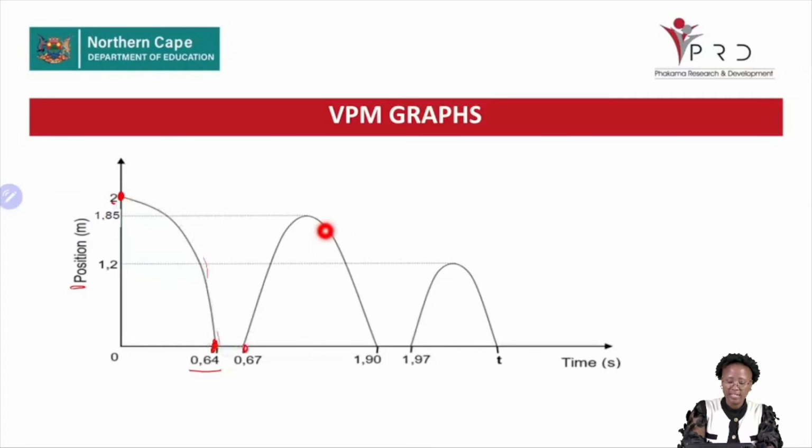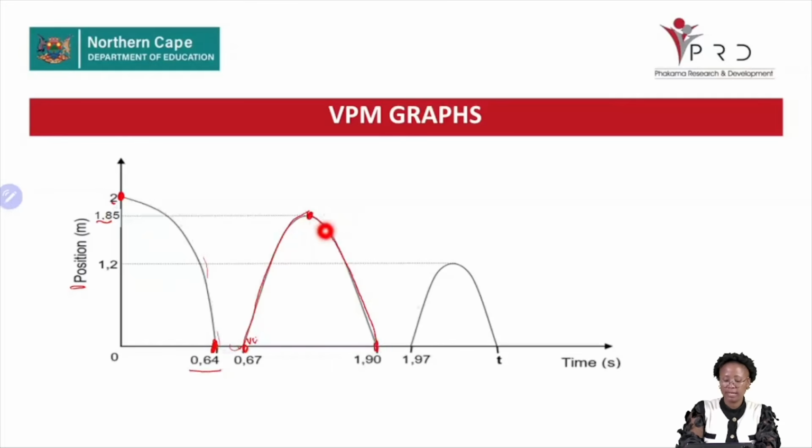Then after that, the final velocity here, after the bounce, we have the initial velocity again that allows the ball to go vertically upwards. It bounces to go to the second height, and then the second height is that 1.85, and then over here it goes back downwards to the ground after that 1.90 seconds.